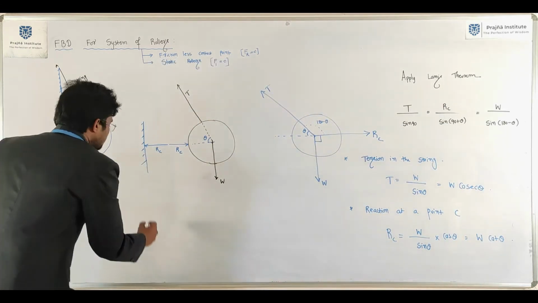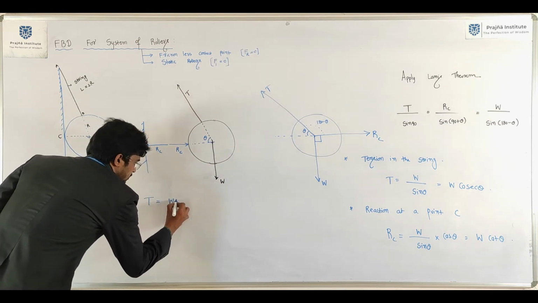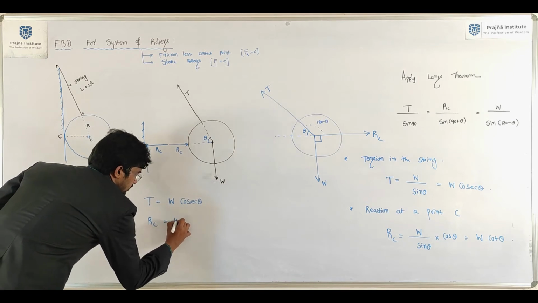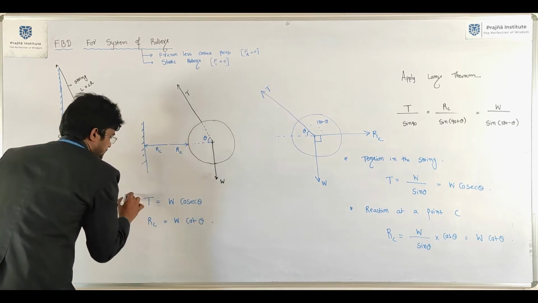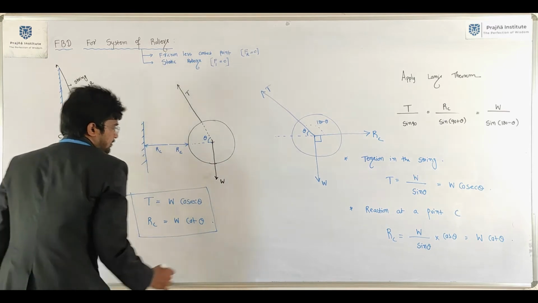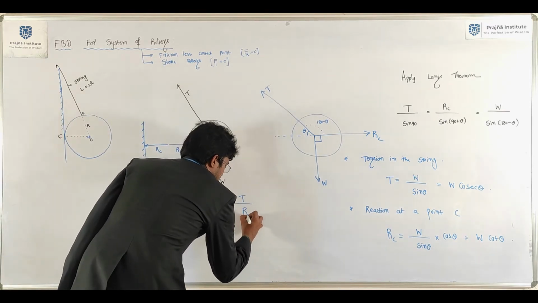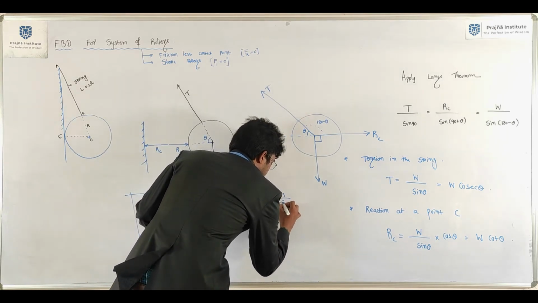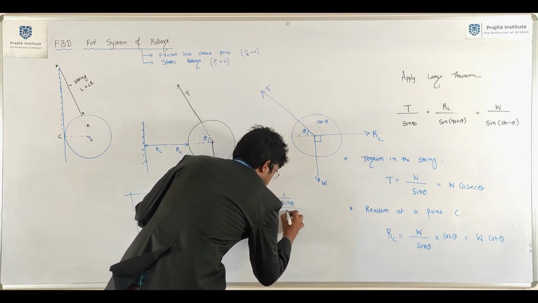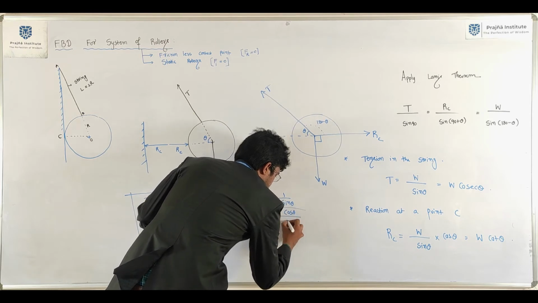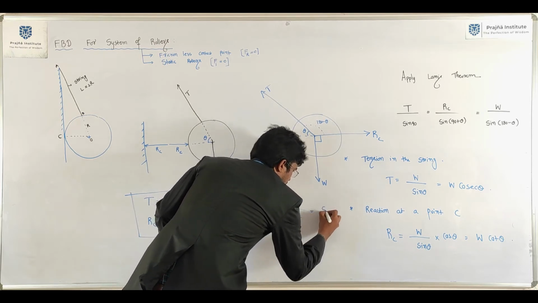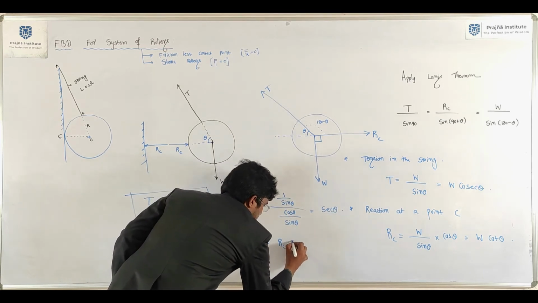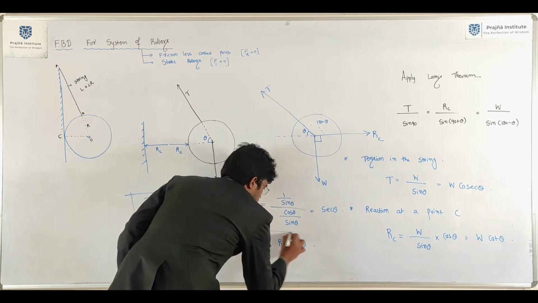So here tension T equals W cosecant theta, R_C equals W cot theta. So here T by R_C equals cosecant theta, that is 1 by sin theta, by cos theta by sin theta, equals secant theta. Then T equals R_C into secant theta.